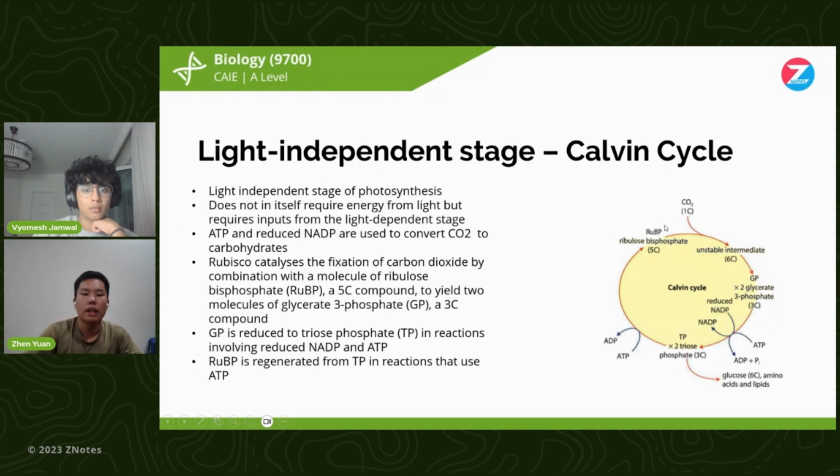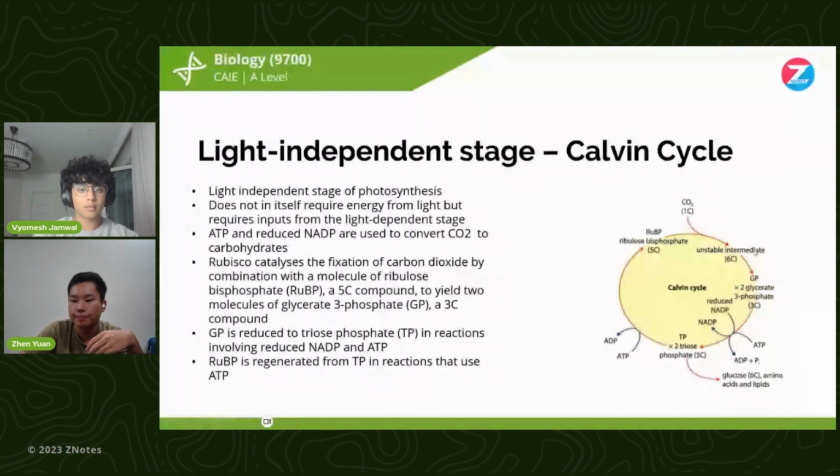What does it mean? It's actually just your carbon dioxide combines with this molecule of RuBP, which forms an unstable intermediate. Since it's unstable, right? It's a 6-carbon compound. It's unstable, so it actually splits into 2 and yields 2 molecules of glycerate 3-phosphate, GP.